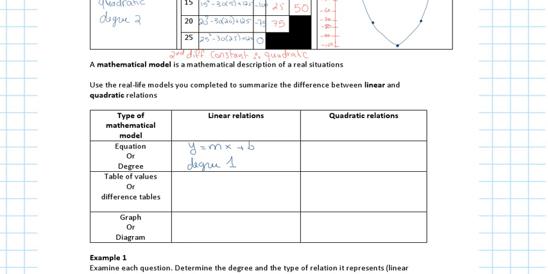So the equation is gonna look different, right? It depends on which form we are looking at, but this is what we call the standard form. This is the form that we usually use. We haven't talked about the vertex form or the factored form, so this is the standard one. And then you can see right away that it has a degree 2.